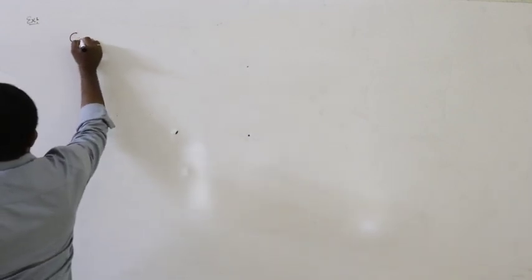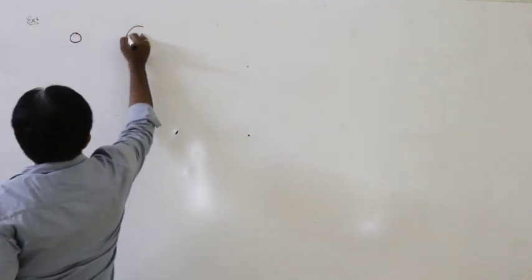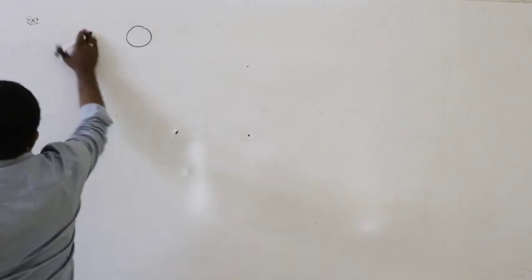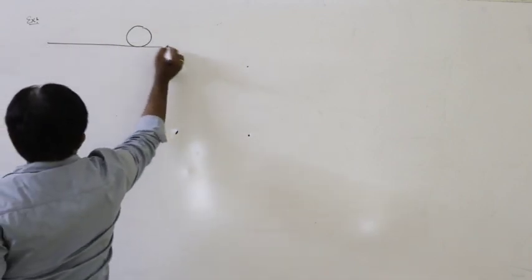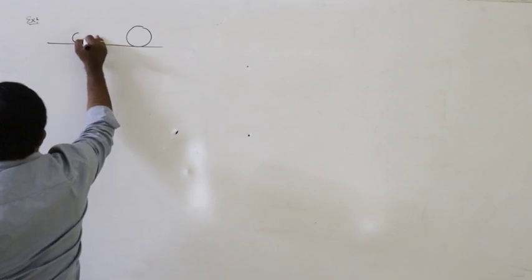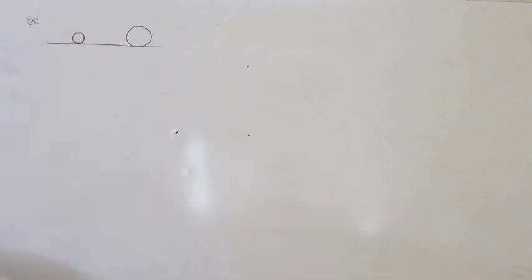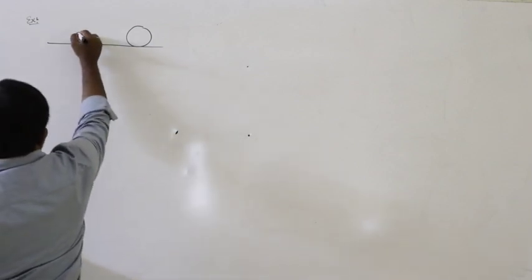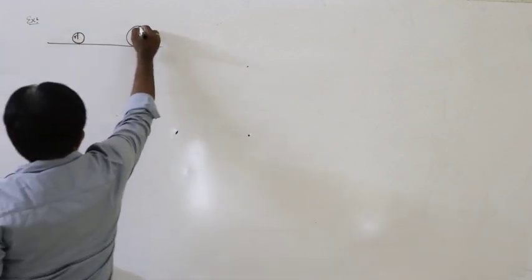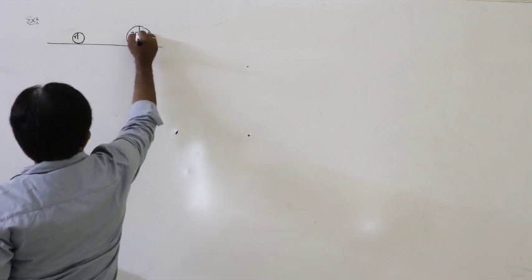So this is one ring, the small ring, and this is the big ring. These two are on the conducting surface. Here this surface is the conducting surface. This radius is r and this radius is 2r.